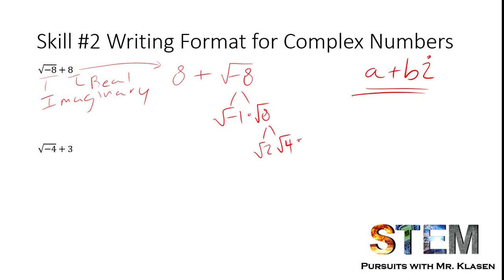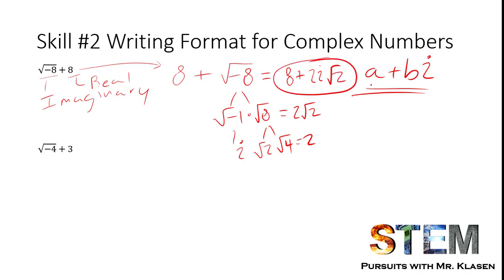The square root of 4 is a perfect square that equals 2. So this would equal 2 square root of 2. But there is this i component here. So when we write this out, this would equal 8 plus 2i times the square root of 2. And that would be your solution in the a plus bi format.